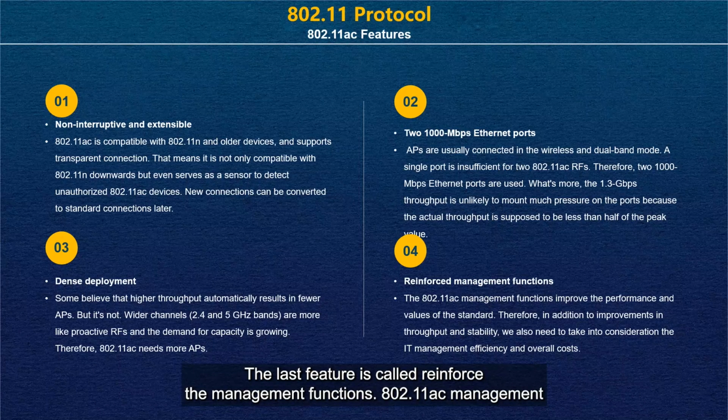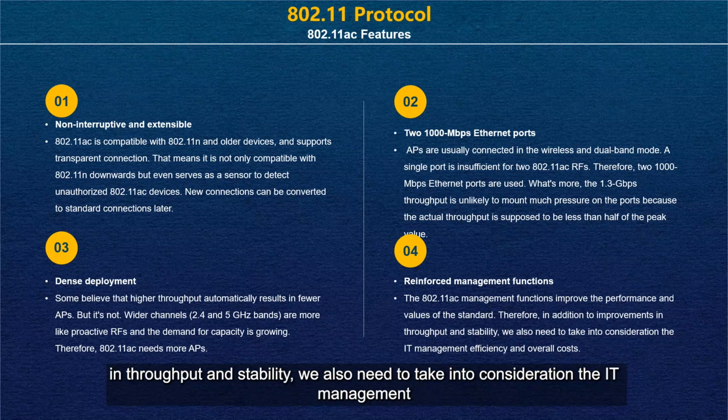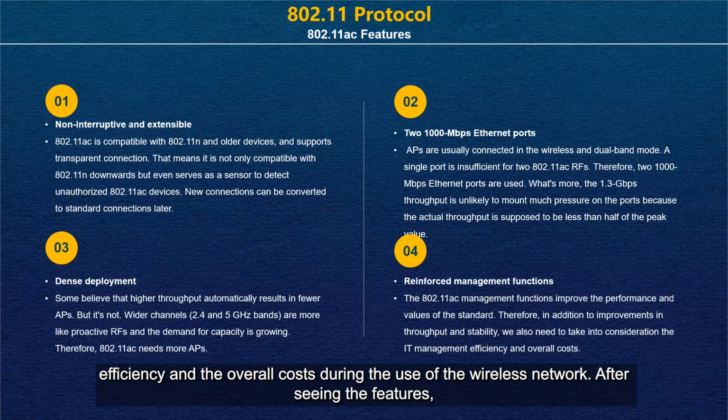The last feature is called reinforced management functions. .11ac management functions improve the performance and value of the standards. Therefore, in addition to the improvement in throughput and stability, we also need to take into consideration the IT management efficiency and the overall costs during the use of the wireless network.